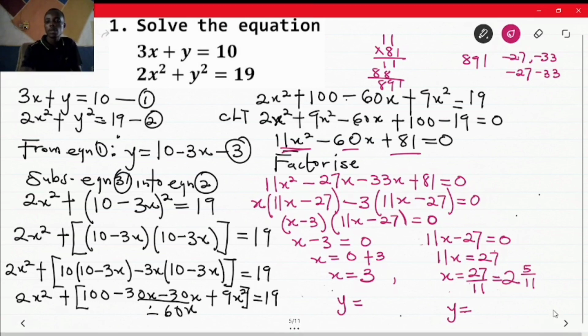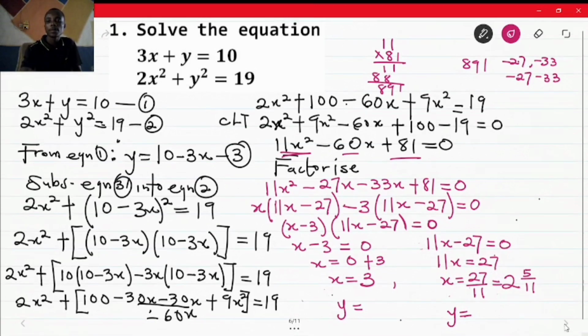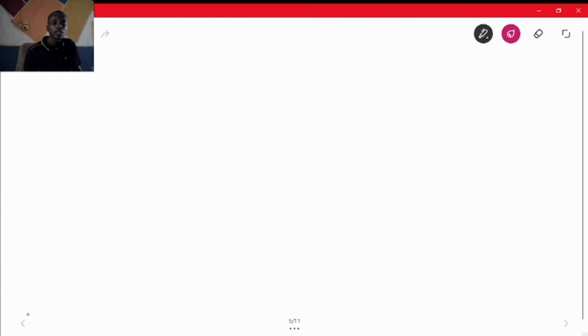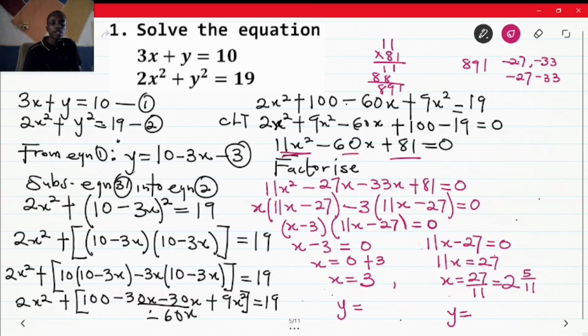So let me get to the next page. Okay, so I have x to be 3. I have x also to be 2 whole number 5 over 11. Now if I go back to equation 3, equation 3 is y equals 10 minus 3x.